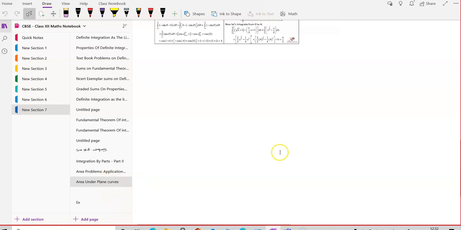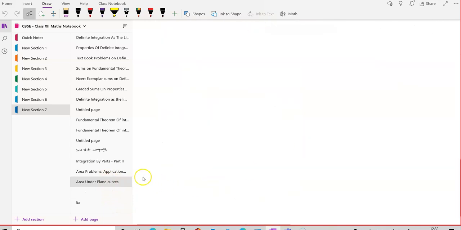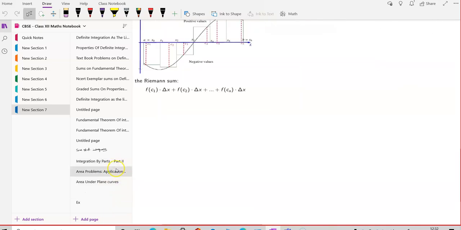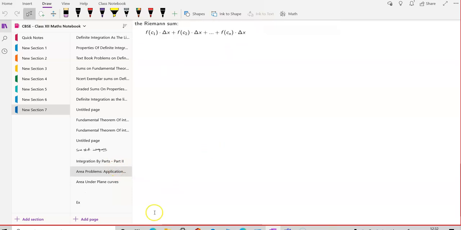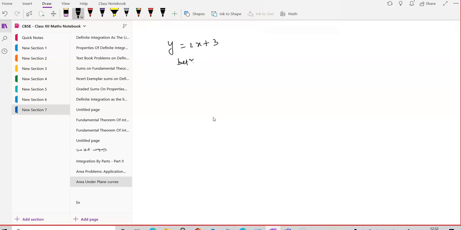Okay. Do start. y equal to 2x plus 3 between x equal to minus 1 and x equal to 3.